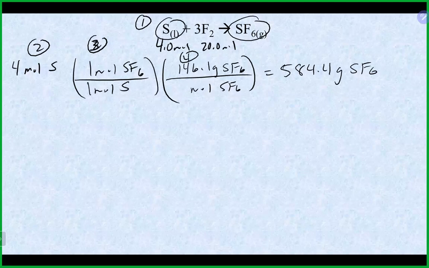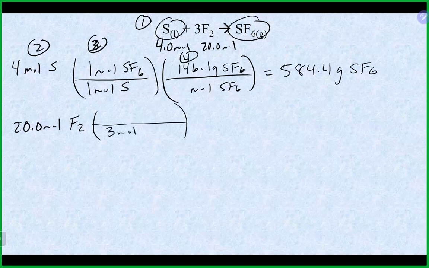Then what you would do is repeat. You take the other reagent and say, okay, I've got 20 moles of F2. And I'm going to do the relationship now between F2, which is 3 moles of F2, and 1 mole of SF6.